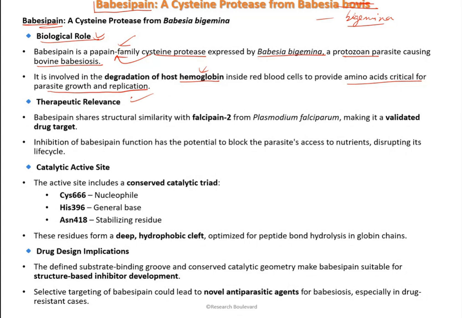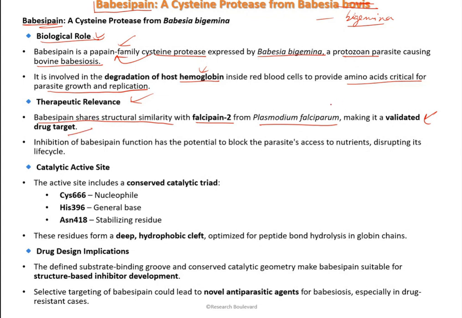So what is the relevance? Always go back to your target protein or target enzyme that you want to study and what you are planning to do. Babesipain shares structural similarity with falcipain-2 from Plasmodium falciparum, which is a validated drug target.